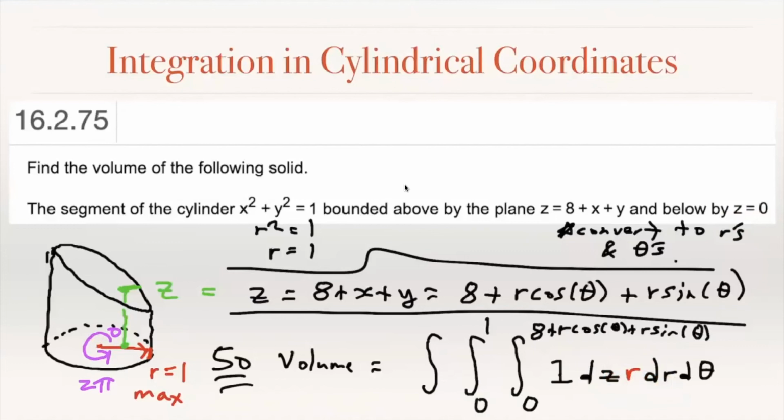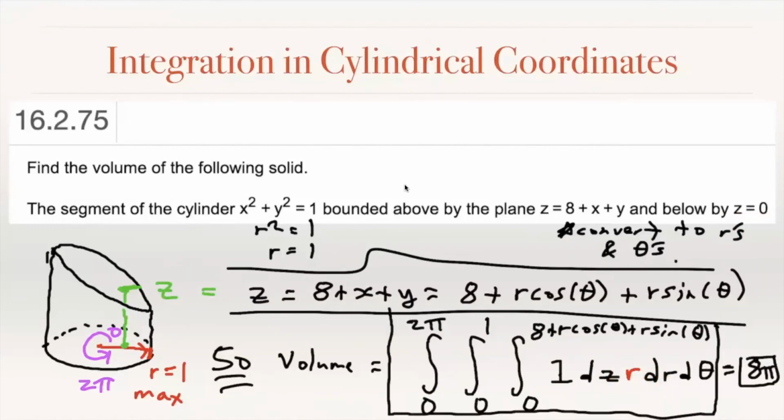And theta goes from 0 to 2 pi. So that is our setup. And if you compute that, you should get 8 pi. There's nothing hard going on with the integration. It's just basic trig integration, integral of cosine is sine, etc.